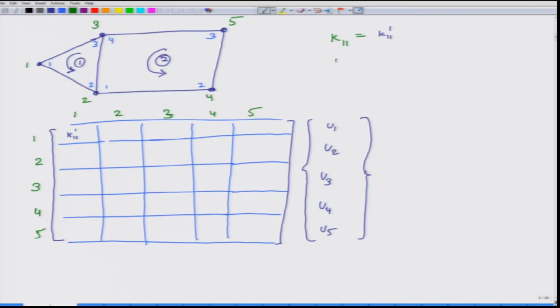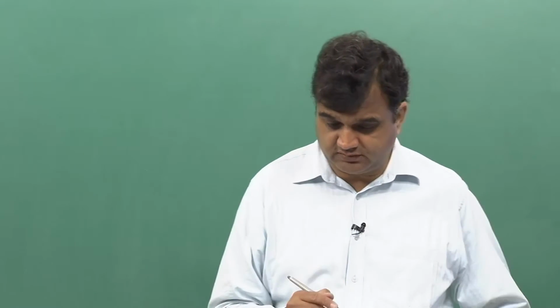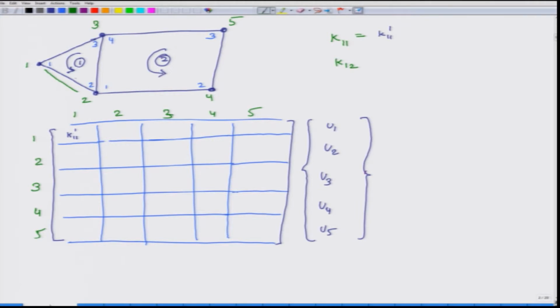So, K12, so this is equal to K111. Now, look at K12. K12 is the line, so 12 is this line, right. So, K12 is the stiffness associated between global node 1 and global node 2, it is the cross stiffness. In this case element 2 is not playing a role.